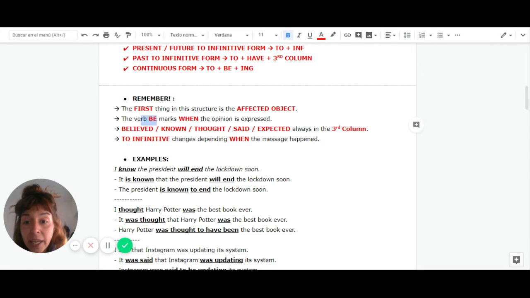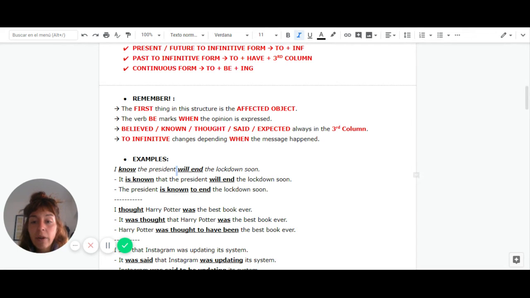The verb be marks when the opinion is expressed. The president is known, sabemos ahora, entonces pongo is. Believed, known, thought, said, and expected, always in the third column. The president is known. Y el to infinitive changes depending when the message happened.